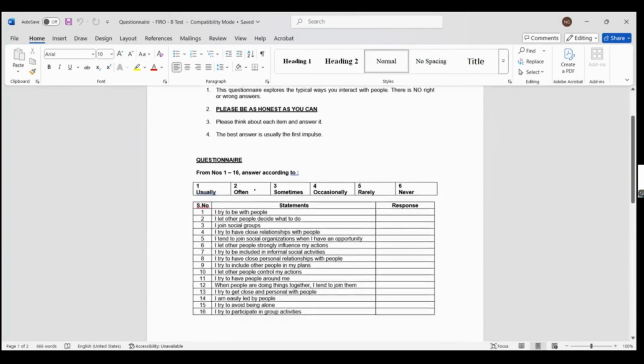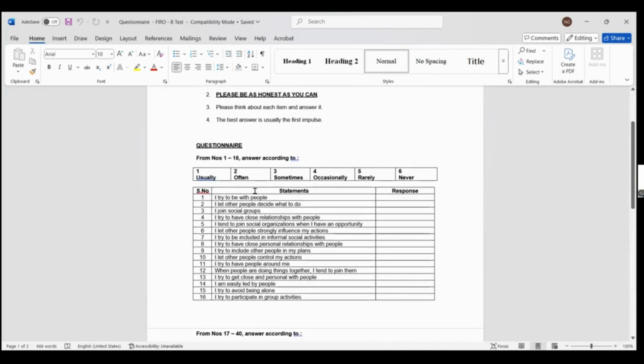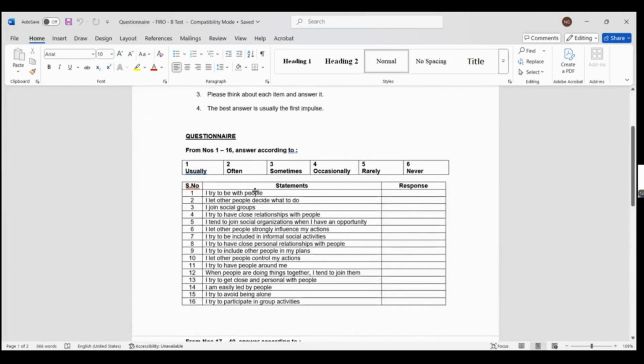Now we'll just take a look at the first batch of questions, 1 to 16. What is their rating scale? 1 to 6. Can you see that? Now, 1 is usually, 2 is often, 3 is sometimes, 4 is occasionally, then rarely, and never.